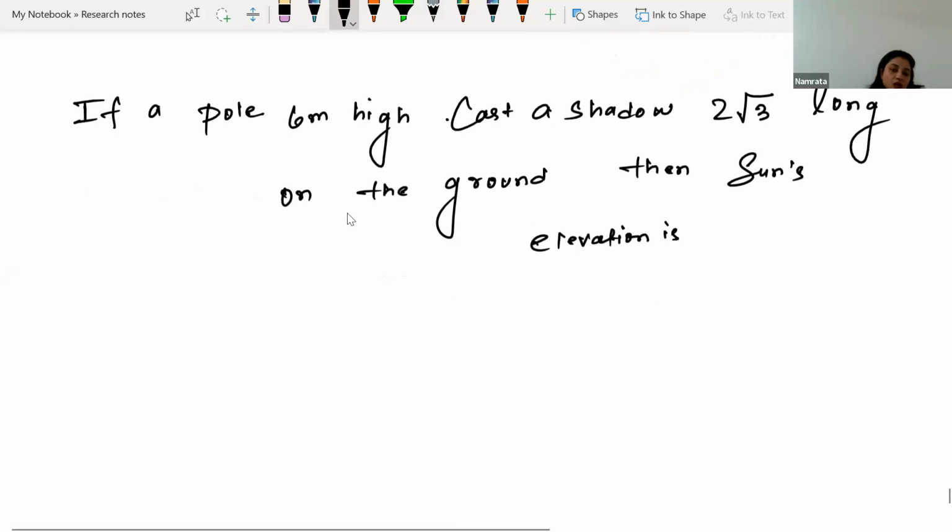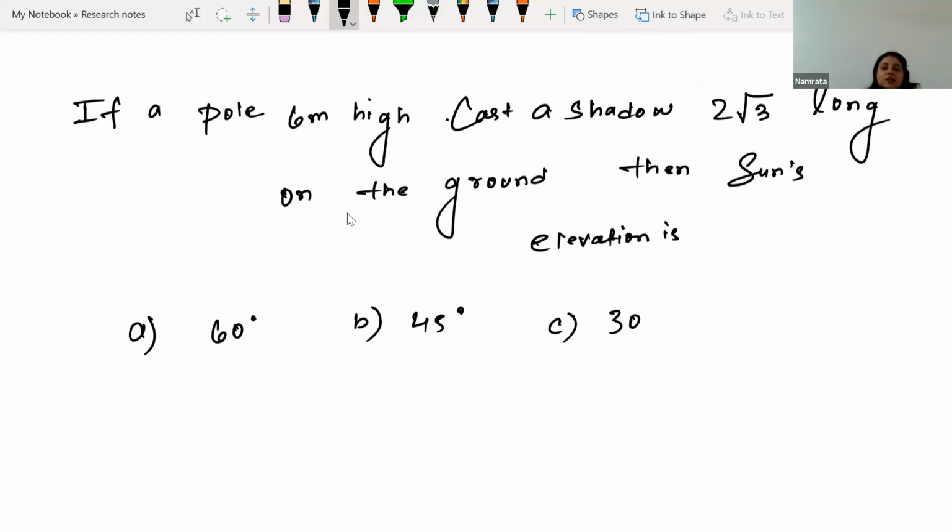The options given are 60 degree, 45 degree, 30 degree, and 90 degree. We have to find the elevation of the sun.